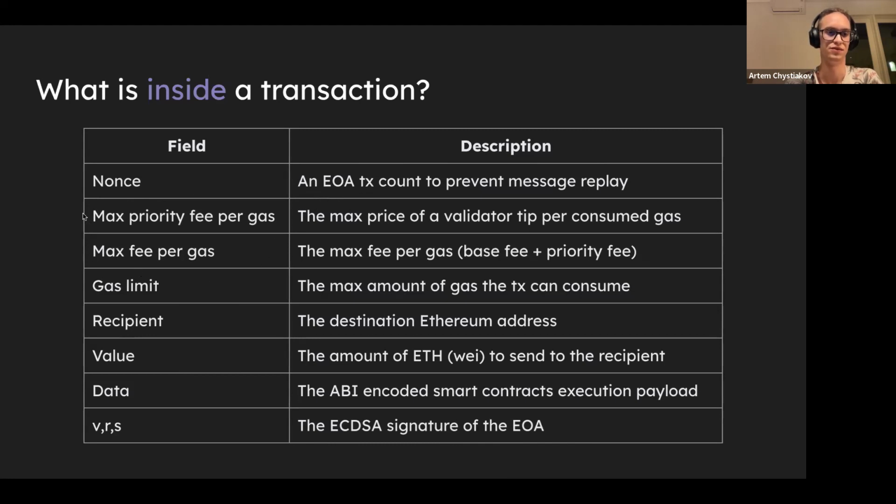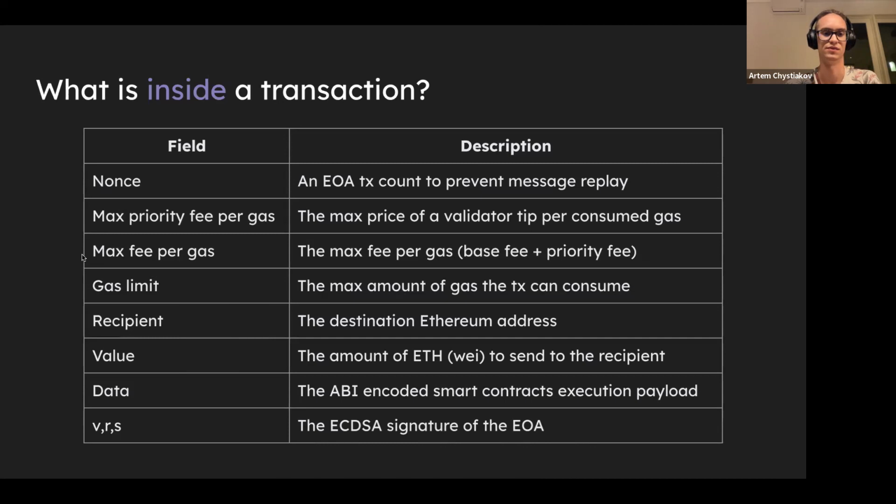Then we have two fields that stand for the gas. Those fields were introduced after the London hard fork. Prior to the London hard fork, there was just a regular gas price. It is the amount of Ether that you're willing to pay for every single unit of gas.